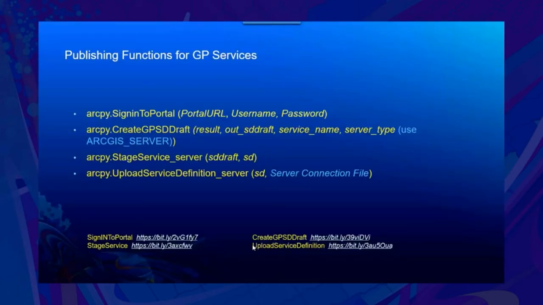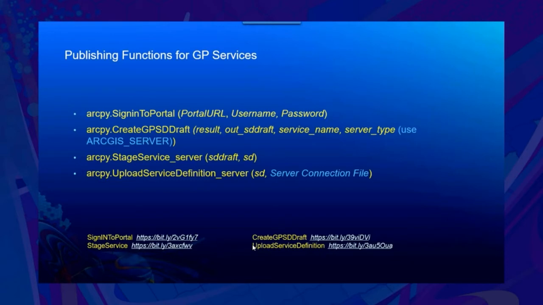Thank you, Simon. Next, let's look at the publishing function for GP services. Publishing to GP services uses the same function as publishing to web tool. The only difference is, first, in ArcPy create GPSD draft, for the parameter server type, instead of using my underscore hosted underscore services, you use ArcGIS underscore server for standalone server, and standalone server is what you use to publish a GP service.